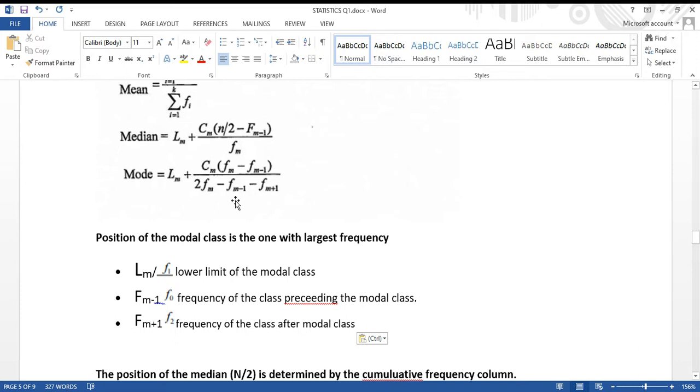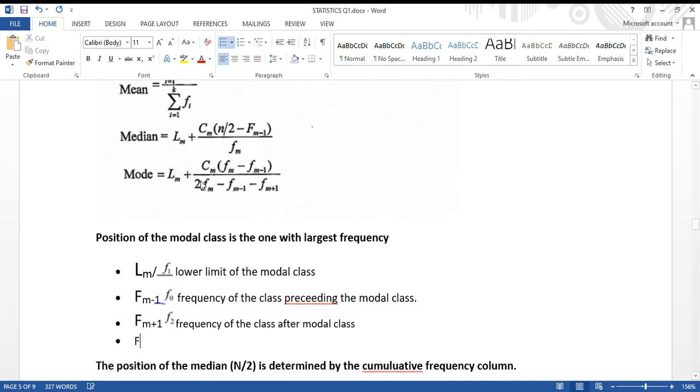CM represents the class width. FM is the frequency of the modal class. FM minus 1 is the frequency of the class preceding the modal class, and FM plus 1 is the frequency of the class after the modal class.